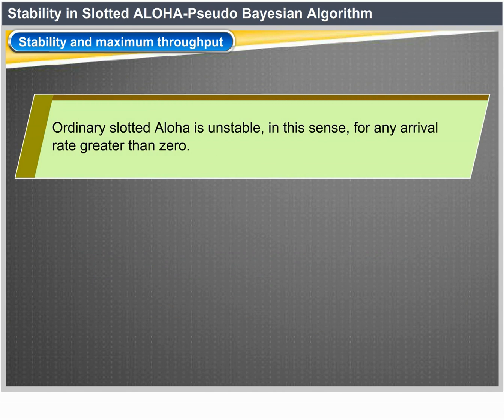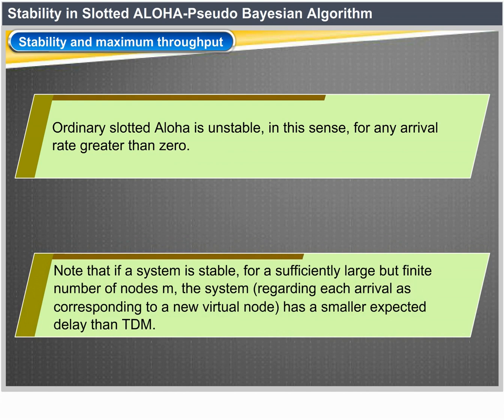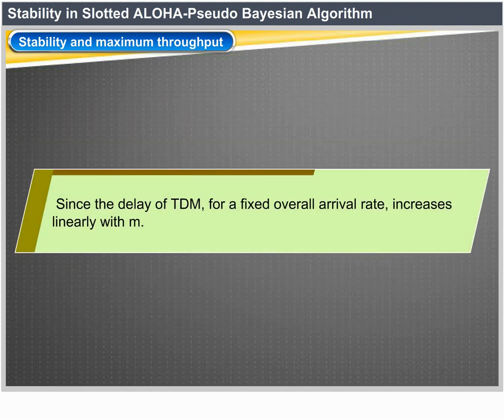Note that if a system is stable, then for a sufficiently large but finite number of nodes m, the system, regarding each arrival as corresponding to a new virtual node, has a smaller expected delay than TDM, since the delay of TDM for a fixed overall arrival rate increases linearly with m.